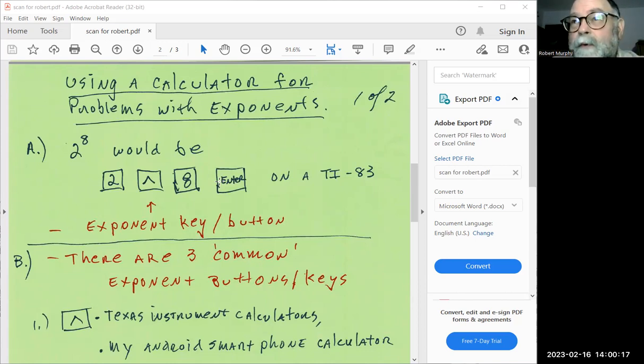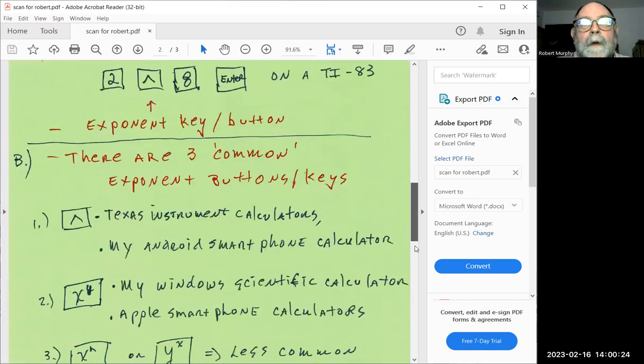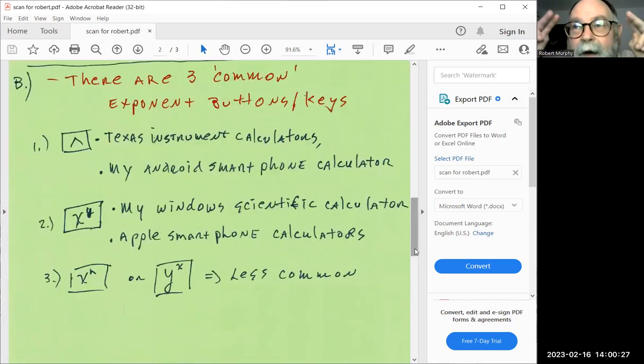Now, before you freak out because your calculator is different, just hold on. Take a breath. There are three common exponent keys. The Texas Instruments calculators and my Android smartphone calculator, a regular old phone calculator in the scientific mode, both use this caret symbol.